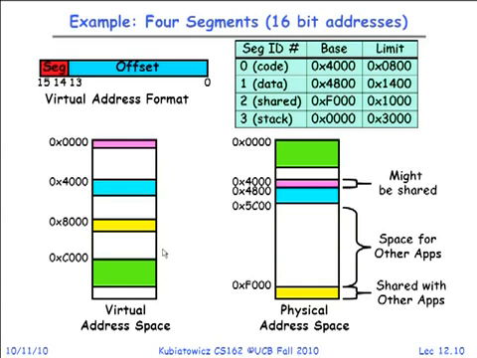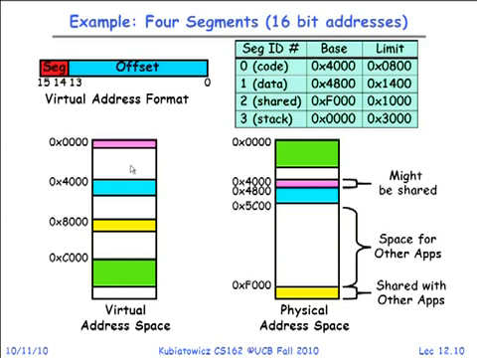Okay, I hear segment fault. Somebody tell me why that might be. Well, actually, it gets caught before that. So how do we catch the fact that this doesn't exist? Yeah, the limit of the associated segment is much smaller. So let's think through this translation.